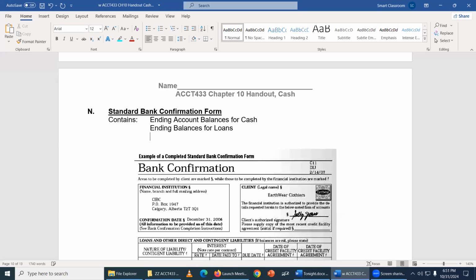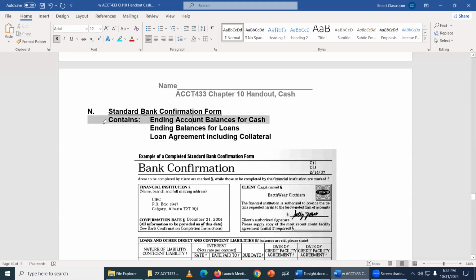It will oftentimes have the loan agreement in there, including collateral.